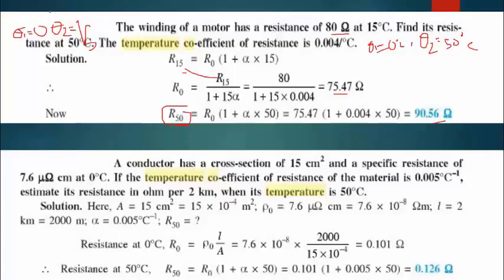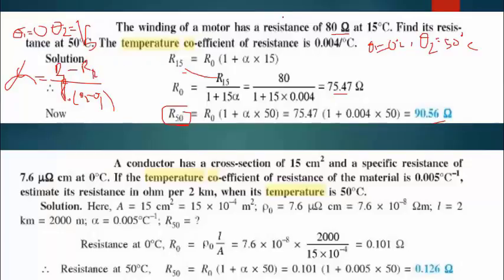Similarly, another way can be using the formula alpha equals R1 minus R2 divided by R naught times (theta 2 minus theta 1). So we want to solve for R2; this is R2, this is R1.